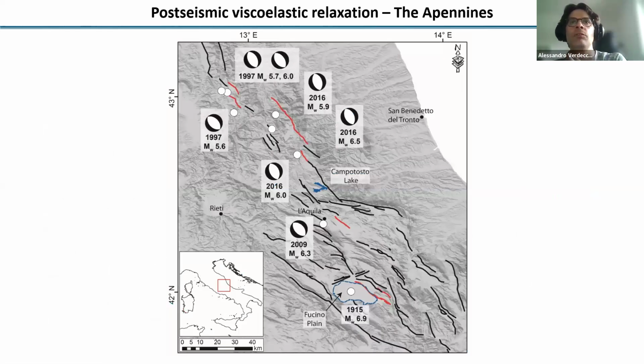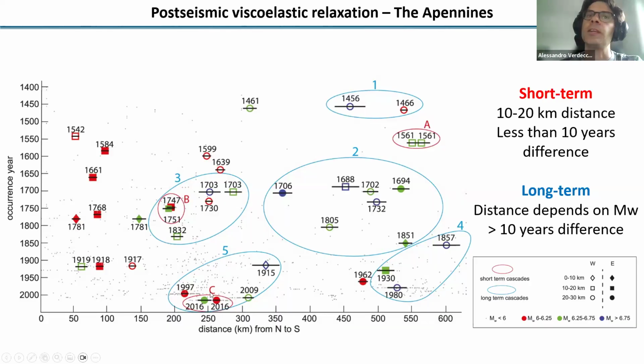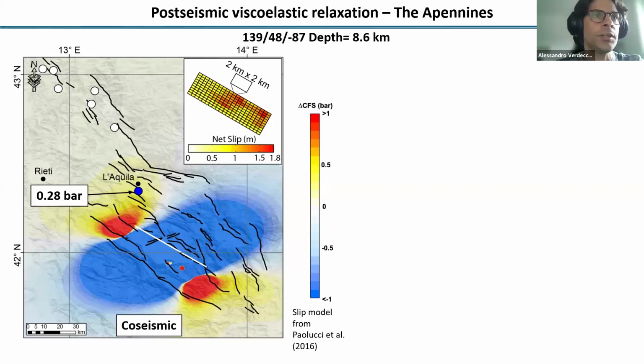This is something I will go very fast because I think also Bruno went through this during his presentation. So we just wanted to do some Coulomb stress calculation for this particular cluster, where we have more information, so we are able to do some modeling. We started with the Fucino earthquake that increased coseismically by 0.28 bar the stress on the L'Aquila earthquake in 2009.